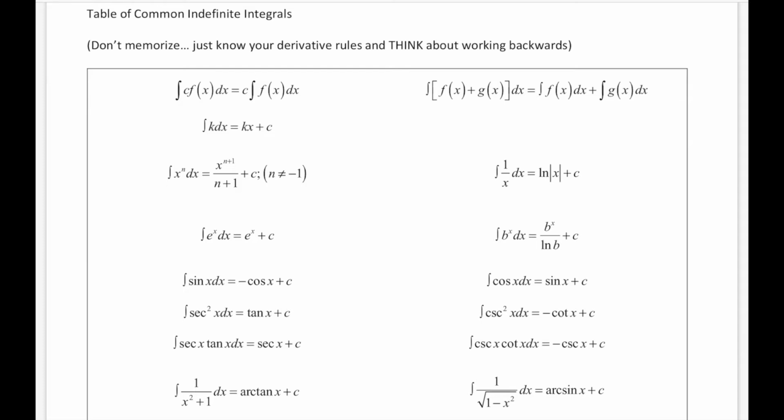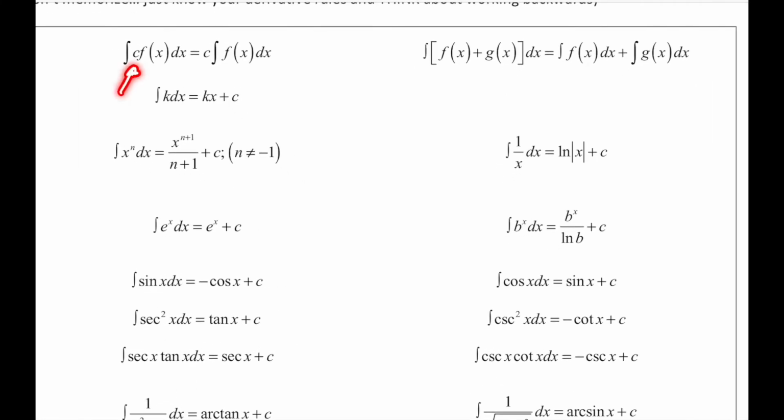Just to comment on a few things: for the integral of a constant multiple, we can take that constant multiple outside of our integral. The integral of a sum of functions is equal to the sum of the integrals; we can take each one separately. The integral of a constant k gives us kx, plus our c. We've got the reverse of the power rule, where we add 1 and divide.